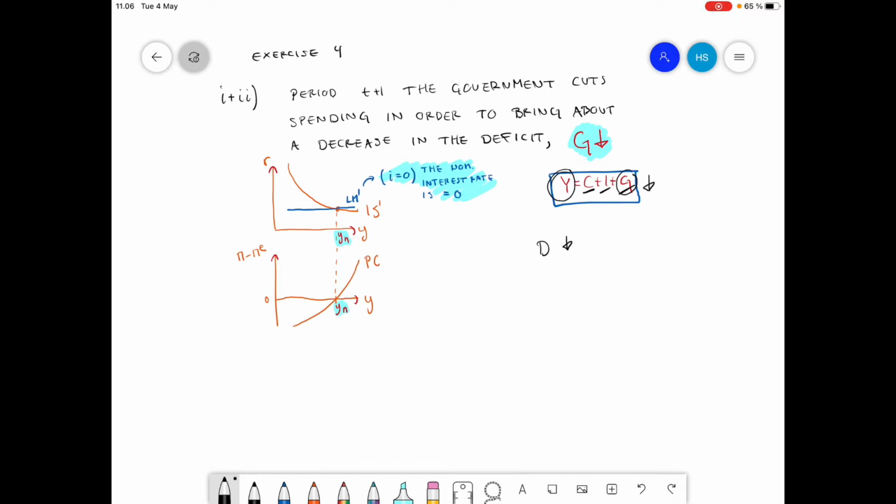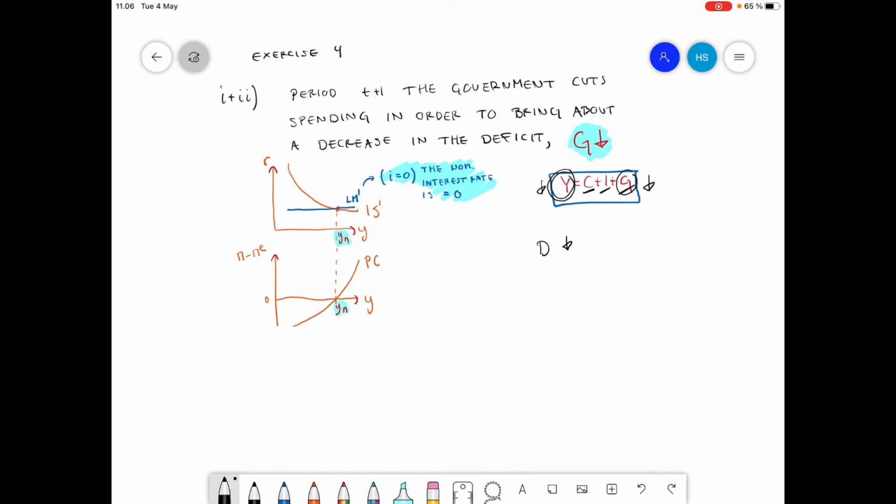If government spending decreases, then output will also decrease, because the government is spending fewer resources on government goods. And this will, of course, decrease output.